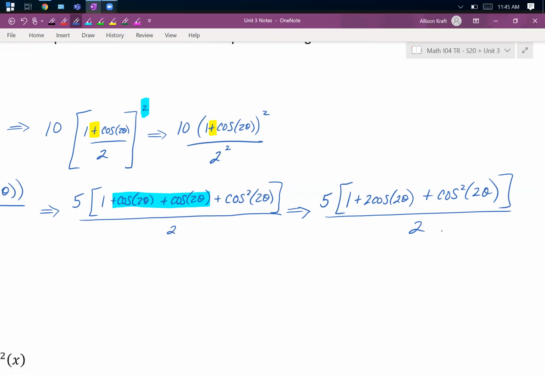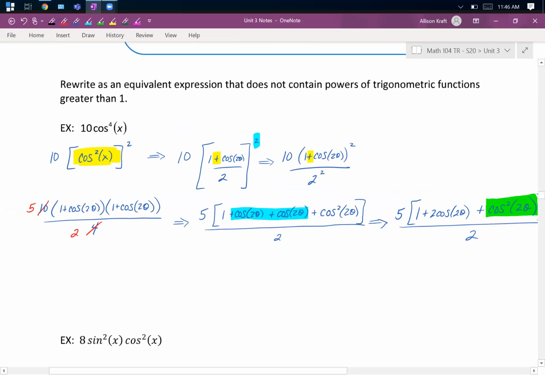Questions on anything so far? Well, we've done all that, but now that we've cleaned it up as much as we can, we are still left with a power greater than 1. So we need to repeat the application of our power reducing formula, and we are going to substitute 1 plus cosine 2 theta over 2 in for that portion. I think I'm just going to put 5 halves out in front instead of writing a big fraction.